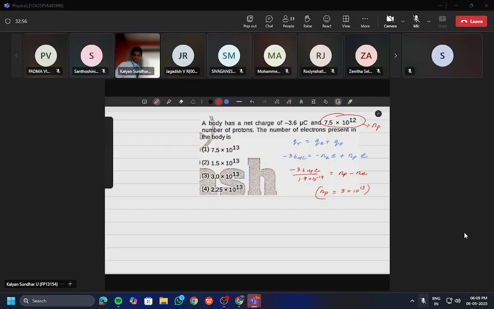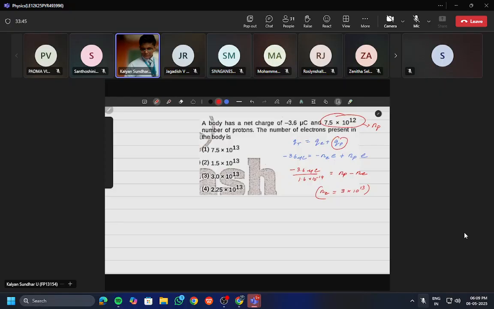Sir, Ne, sir. Oh sorry, Ne, right sir. This is the value of e. What is the value of e? The charge value is 1.6 into 10 to the power minus 19. Right. This is QP, right?